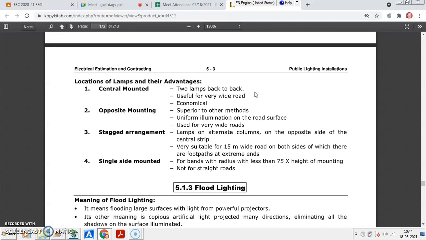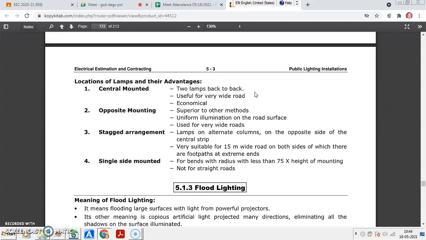Then opposite mounting, which is superior to the other methods for uniform illumination. Opposite mounting means you may have side by side, instead of back to back, two poles, with the ends of the lights opposite to each other. So normally it gives uniform illumination on the road surface and is used for very wide roads.